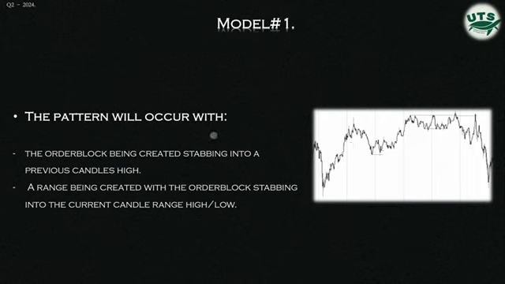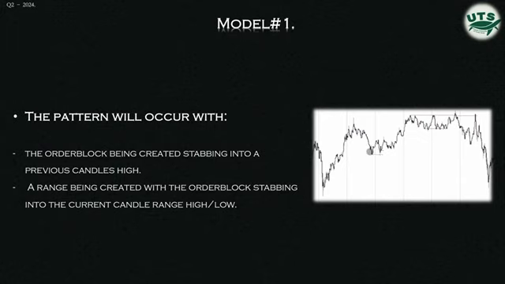The pattern, model number 1, will occur with the order block being created, stabbing into a previous candle's high, or a range being created with the order block stabbing into the current candle's range, high or low. First case, the order block being created, stabbing into a previous candle's high, or low, right?